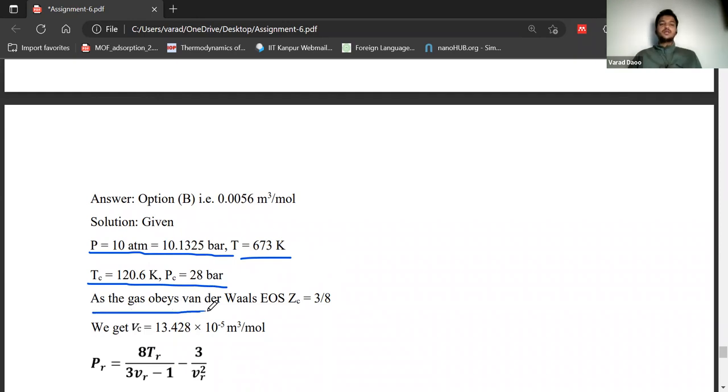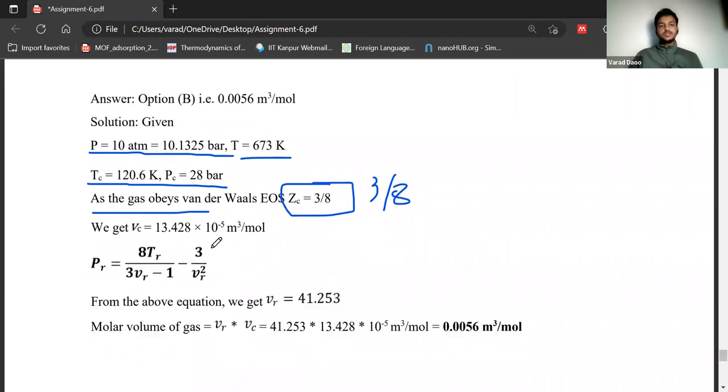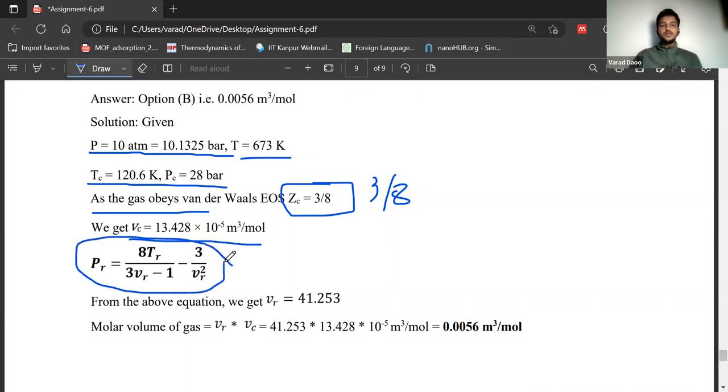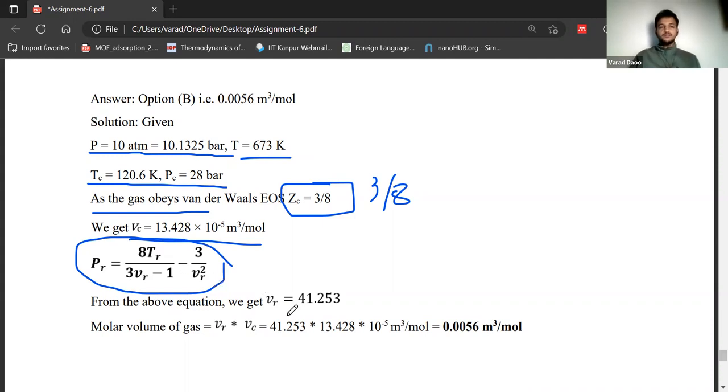So as we know that the gas obeys the van der Waals equation, we know that the compressibility factor at the critical conditions for a van der Waals gas is 3 by 8, right? So using the equation of state for van der Waals at the critical point, we get the critical volume as this, right? Then we use this expression of reduced pressure to find the reduced volume as this one, right?